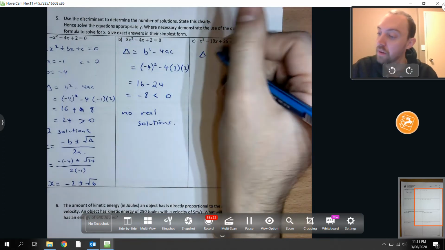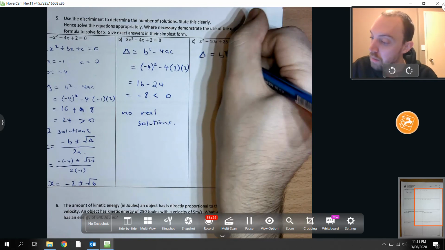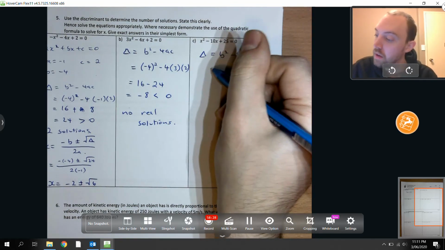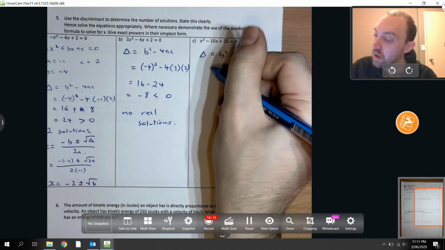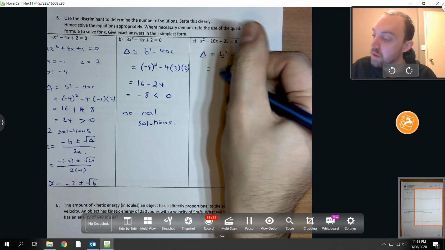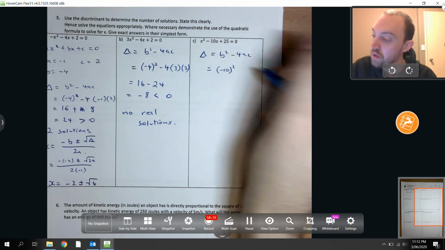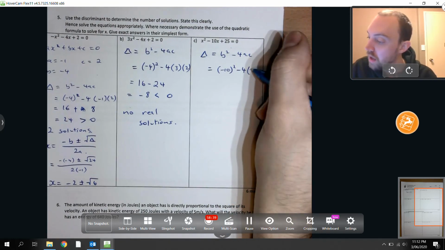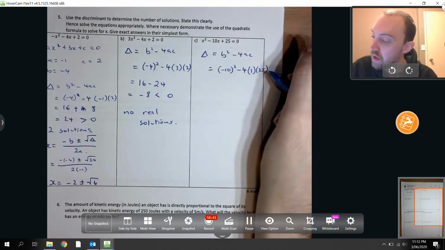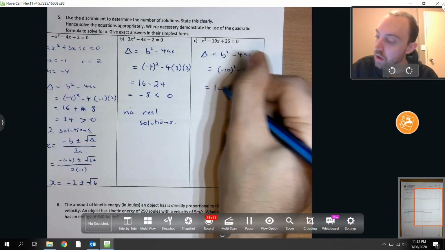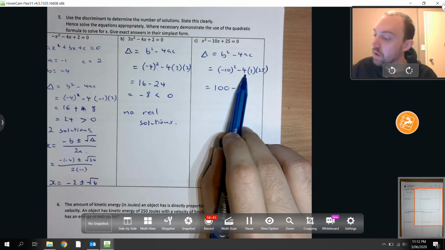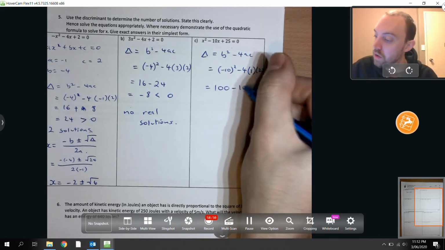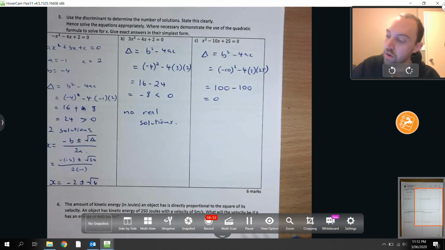Alright, last one. For 5c, b squared, take 4ac. So we've got b is equal to negative 10, which is all squared, take 4 times a times 25, which is equal to 100, take, there's no negatives here, so it's going to remain a take, 4 times 25 is 100, which is 0.